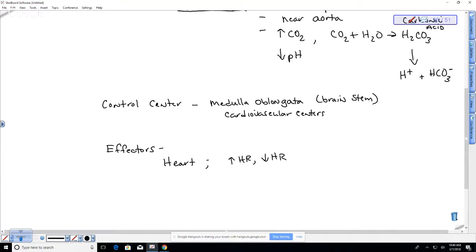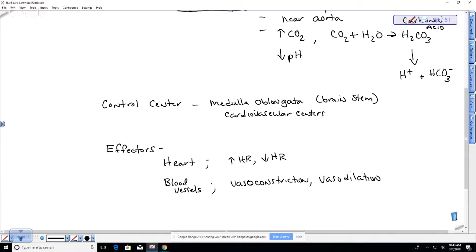Okay. Also, this goes out to the blood vessels, specifically the arteries, right? So this can cause vasoconstriction or vasodilation. Okay. So let's say the pH in the blood has dropped.